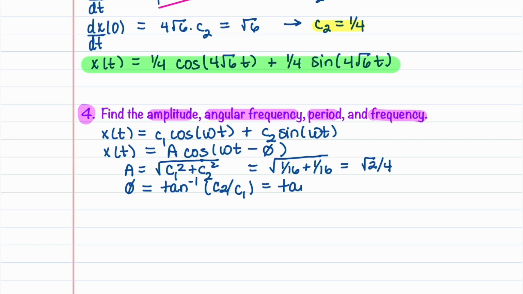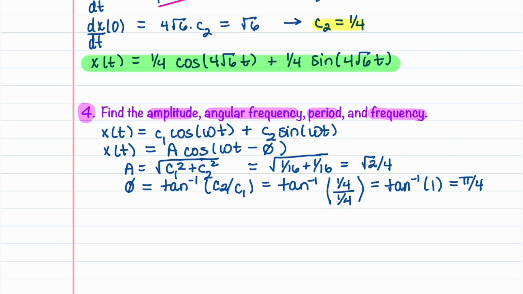We're going to have the inverse tan of c2, which is 1/4, divided by c1, which is 1/4. So this is the inverse tan of 1, and this is equal to pi over 4. Let's now substitute these back in. Our amplitude is the square root of 2 over 4, and our phase constant is pi over 4.